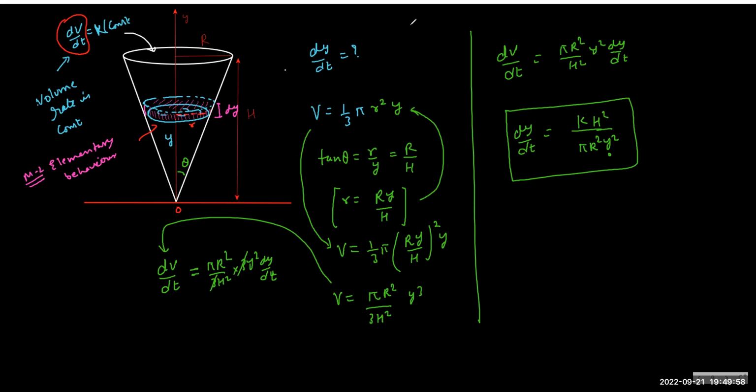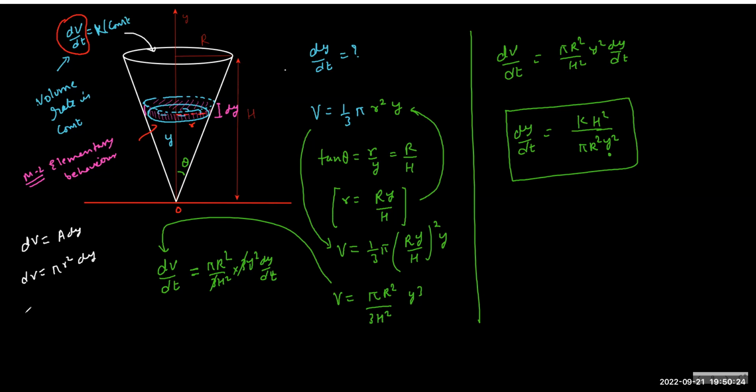Can you tell me the volume you have added in time dt? What is the volume added? A dy. So what is A, by the way? Isn't it pi r square? The small r. Am I right, guys? Yes or no?